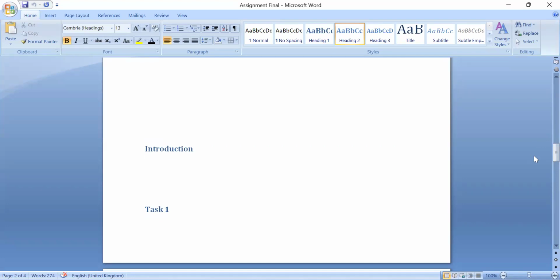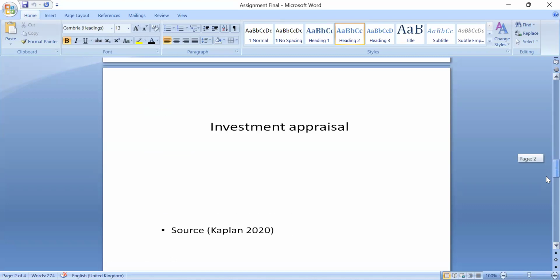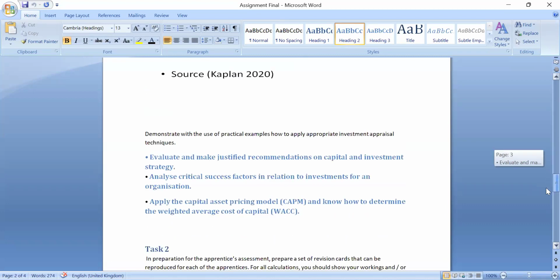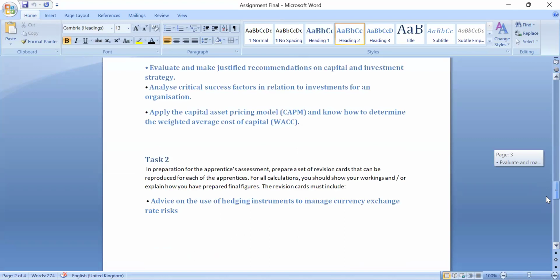If you have any questions, you have my email address, anjum@ukeversity.co.uk. We can arrange a one-to-one if you need to and discuss in detail.